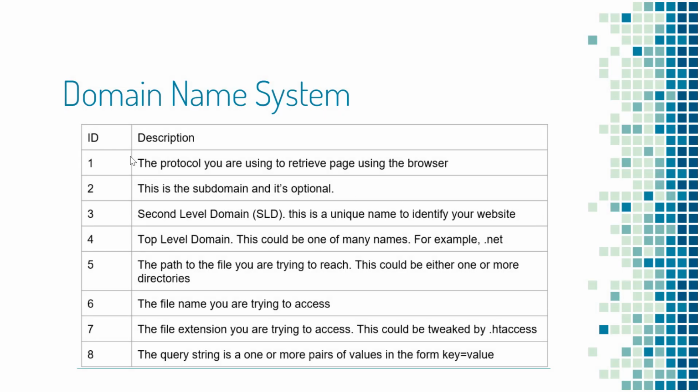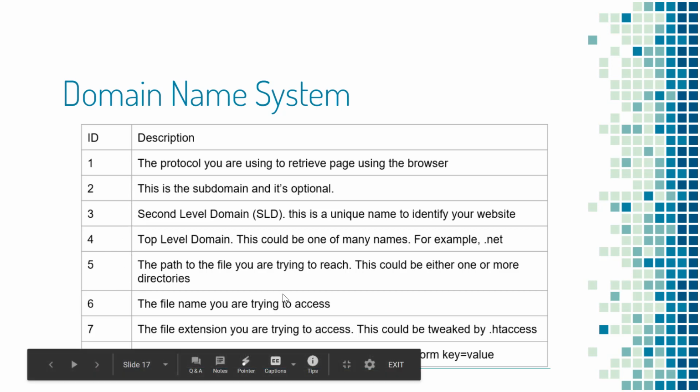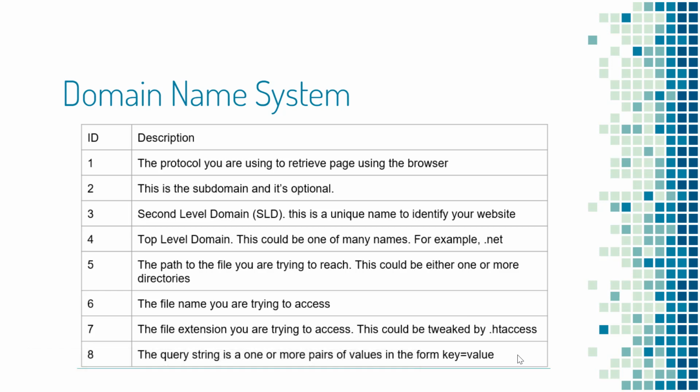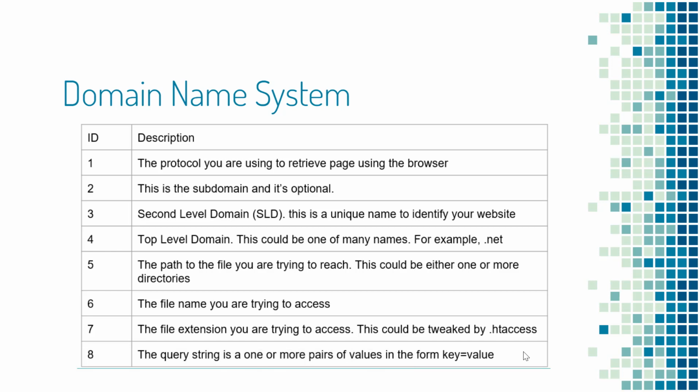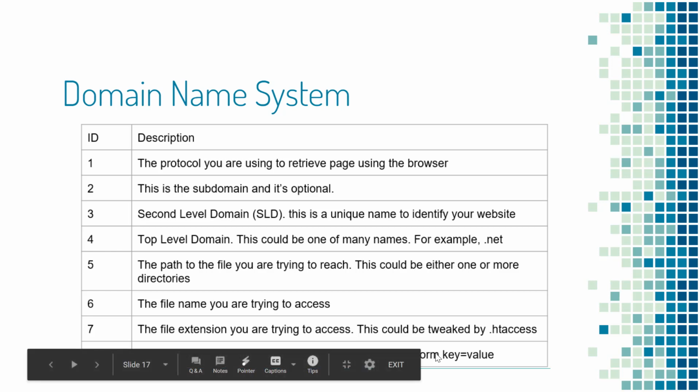So these are the explanations for each of these parts. But one more thing you have to understand is this one here. The last line here tells you that a query string is one or more pairs of values in the form key equals value.